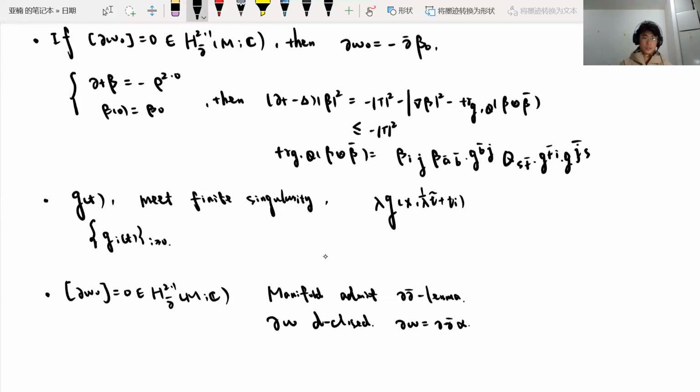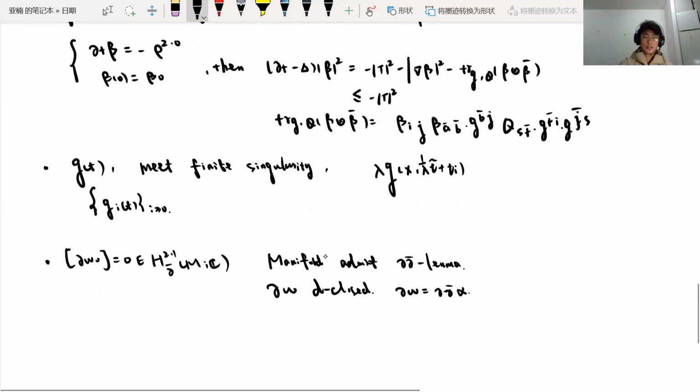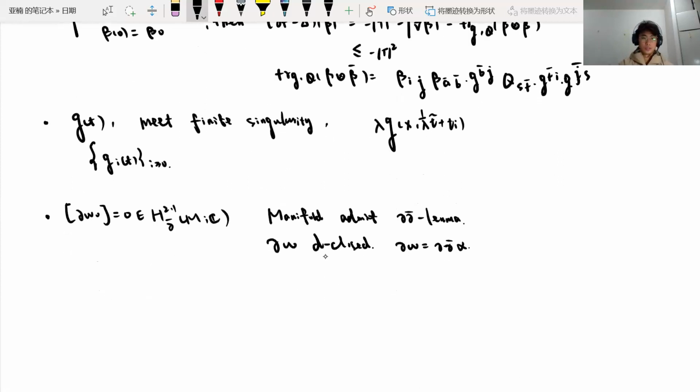So it is zero in the class, especially on Kähler manifolds. It is always true.